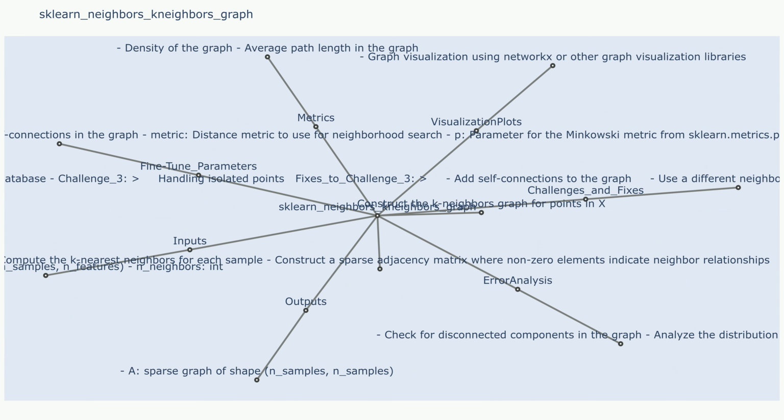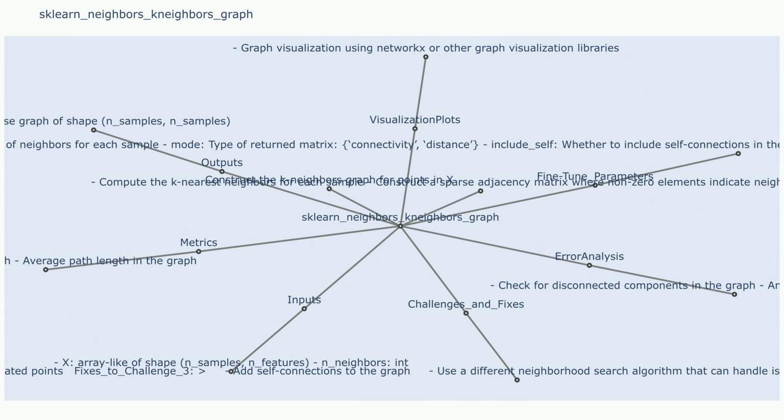Fixes to challenge 1: consider using composite distance metrics that combine different metrics for different feature types. For example, using a weighted combination of Euclidean distance for continuous features and Hamming distance for categorical features.